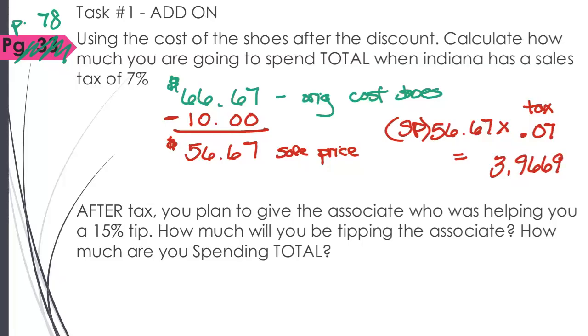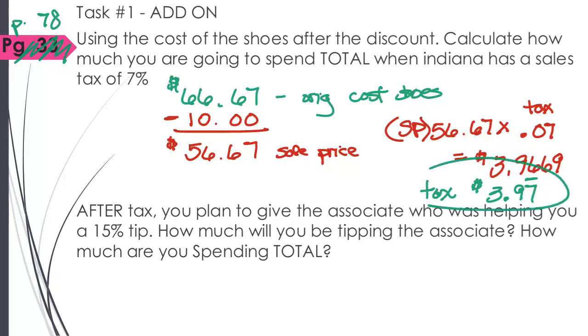So if this is dollars and cents, I should take this to be $3.97. And what is this amount we're talking about? Tax. Yes, this is the tax.